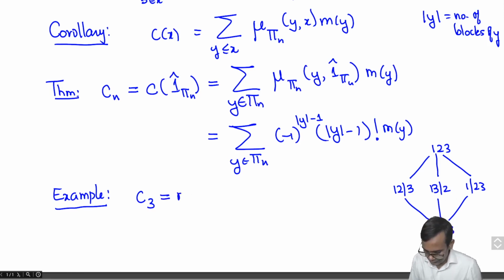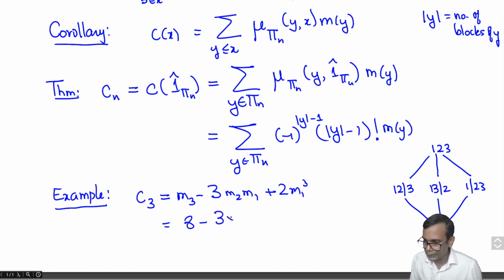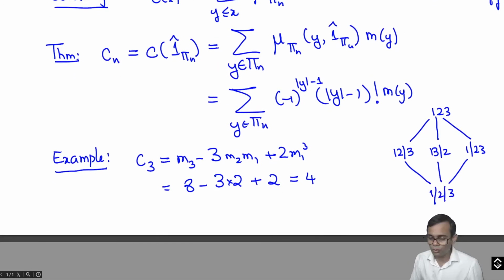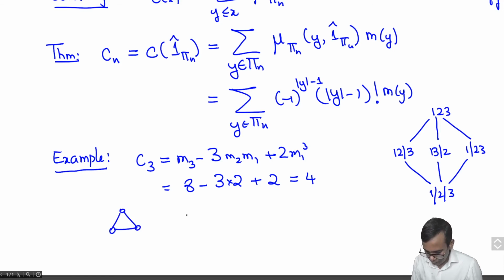So you'll get C_3 is M_3 minus 3 M_2 M_1 plus 2 M_1 cubed. That's just 8 minus 3 times 2 times 1 plus 2 times 1, and that is equal to 4. And indeed, there are 4 connected graphs with 3 vertices, namely the complete graph, and then 3 graphs which are sort of linear graphs, depending on which vertex you choose to set missing.